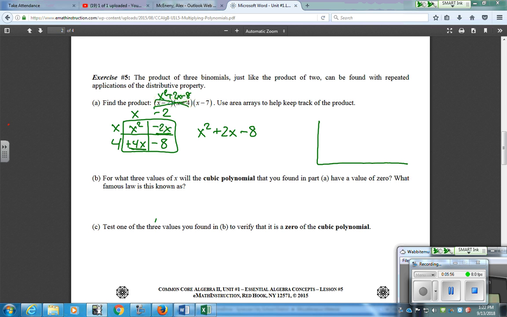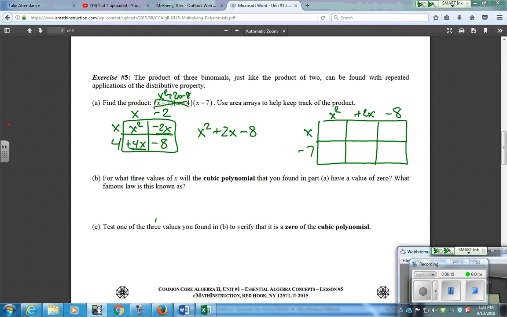So now I've got to do a 2 by 3. So I get x and negative 7 here, and then we've got x squared plus 2x minus 8 there. So then again, you can go ahead and fill those in. Fill that one in on your own, show it to me, see what you come up with.